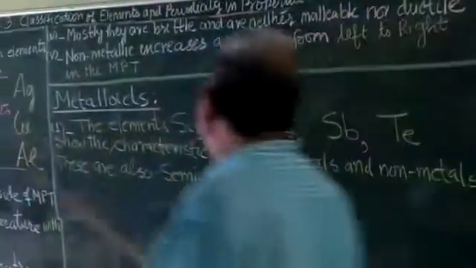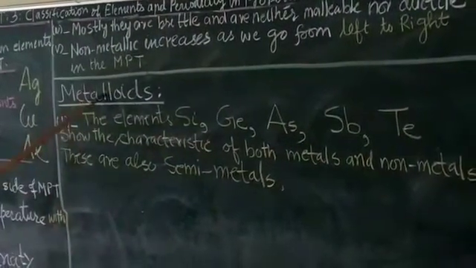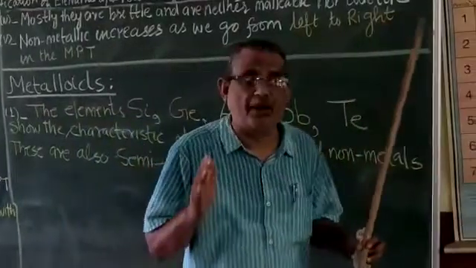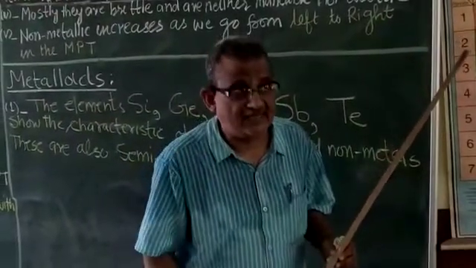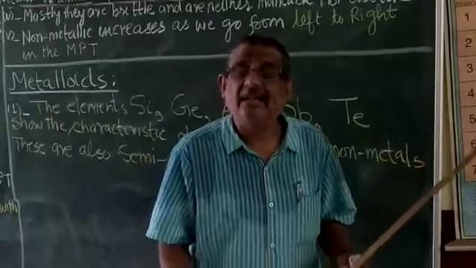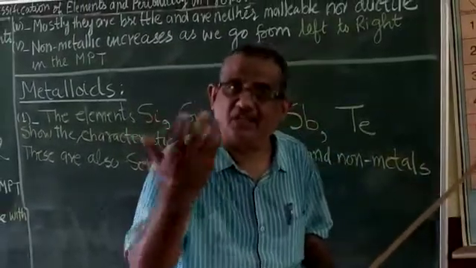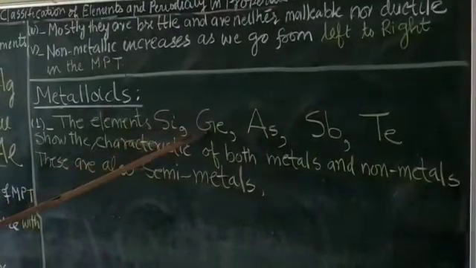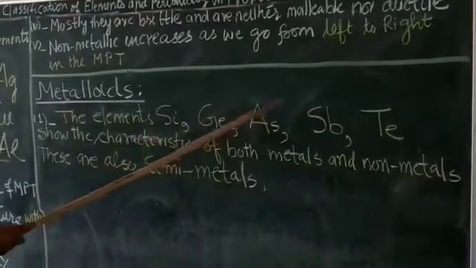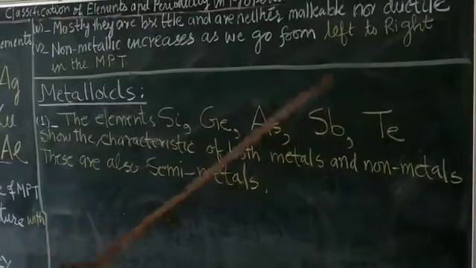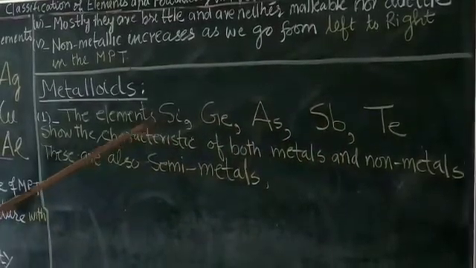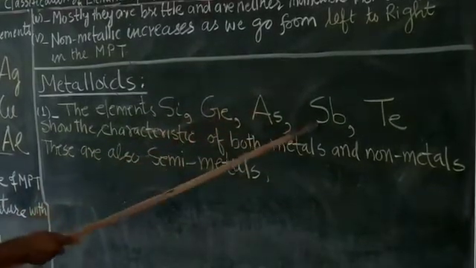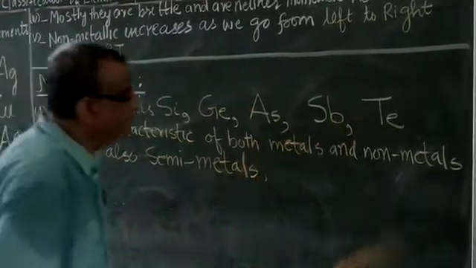Now coming to metalloids. What are metalloids? Let me tell you, children. The third category, metalloids, means those elements which exhibit the properties of both metals and non-metals. For example, silicon, germanium, arsenic, antimony, tellurium. Silicon Si, germanium Ge, arsenic As, antimony Sb and tellurium Te.